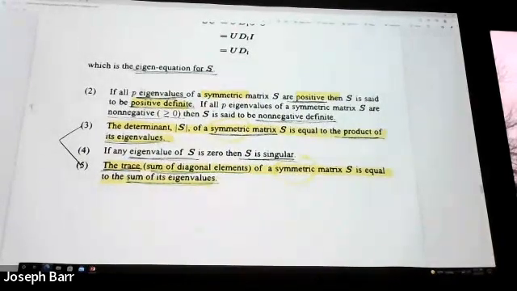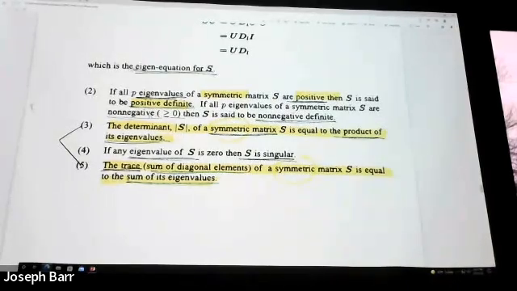Here we have P eigenvalues, L1, L2, L3 to LP. If all of these P eigenvalues are positive, then the whole symmetric matrix S is called positive definite.